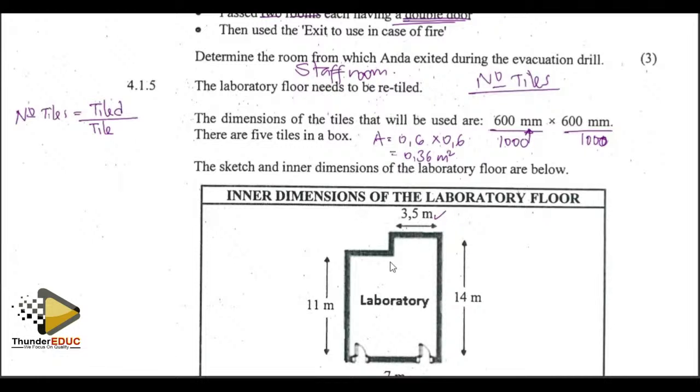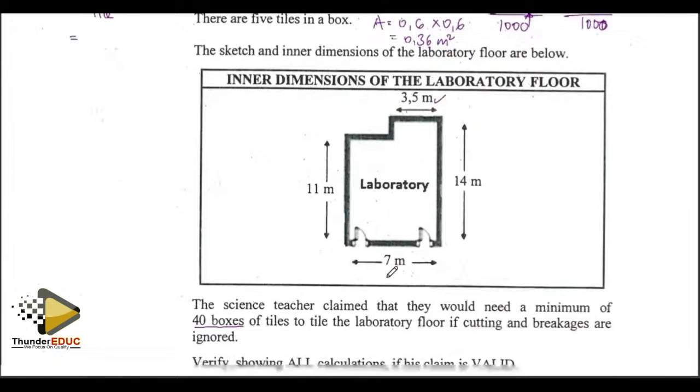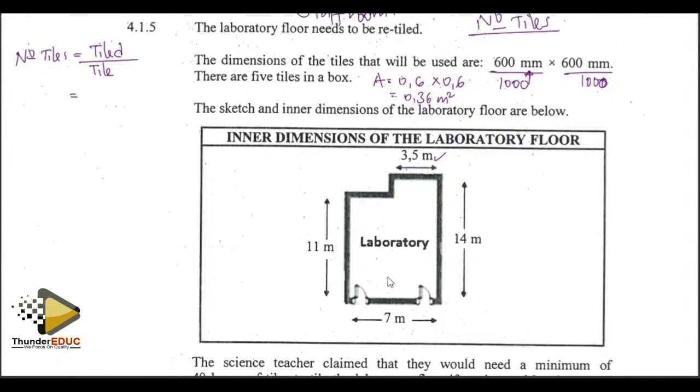So that's done. Then what about the area to be tiled? So the area to be tiled, we're going to look at it like this, because this is not a regular shape. So we divide it into 2. I would not advise someone to divide it this way because it will make you work too much. All right, you can divide them going downwards. Divide it going downwards. So this is A, and this will be B. All right, let's look for this area here now.